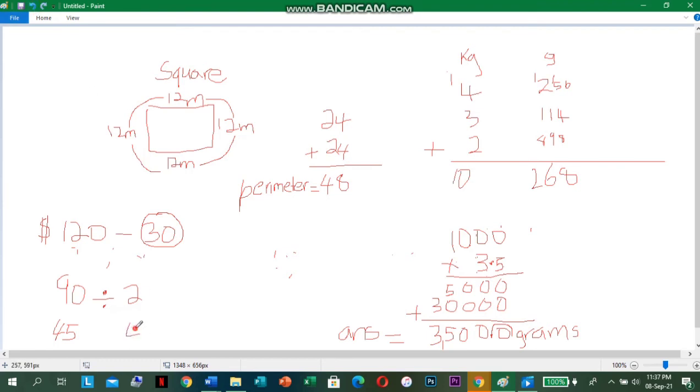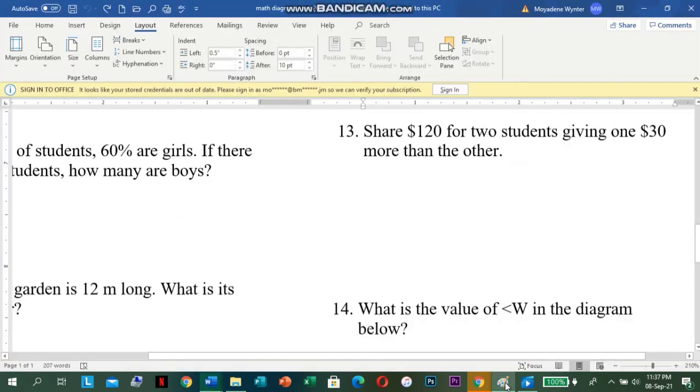So one student will get $45, the other will get $45. But the question says giving one $30 more than the other.